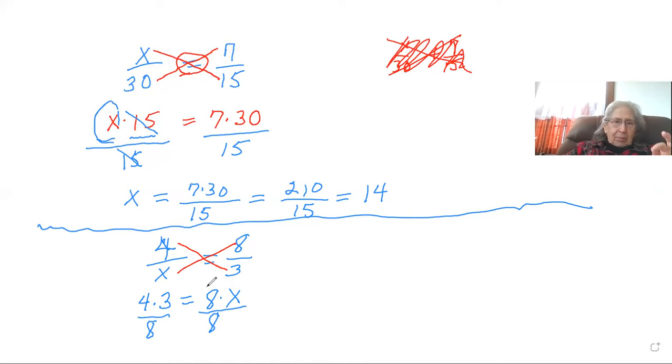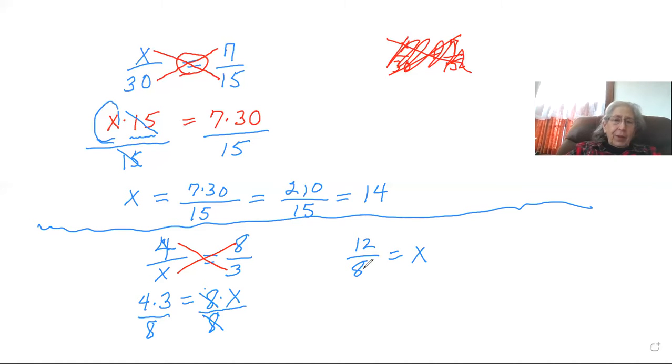And the third step is to cancel the 8s and solve and simplify the number. Let's see, we've got 12 over 8 equals x.